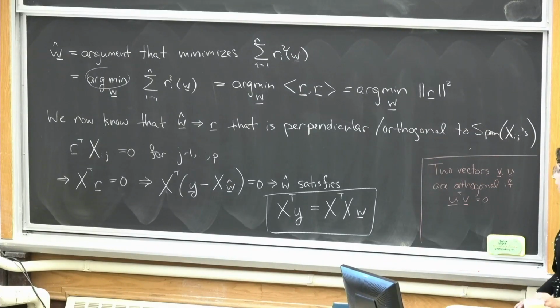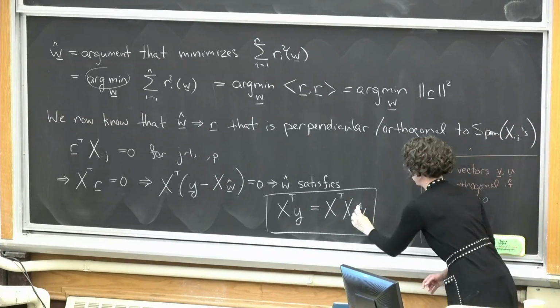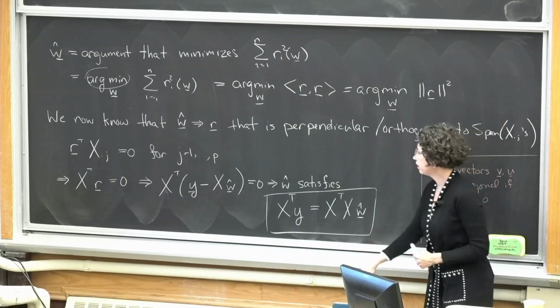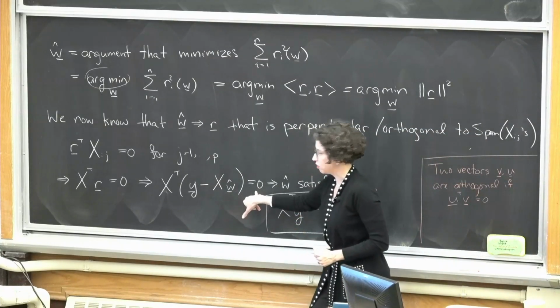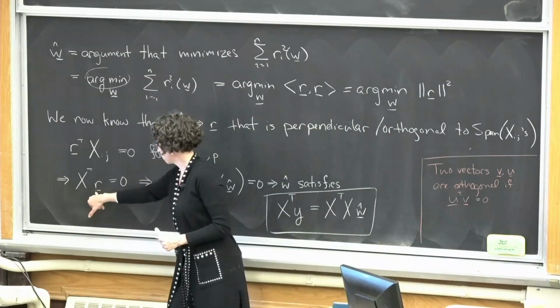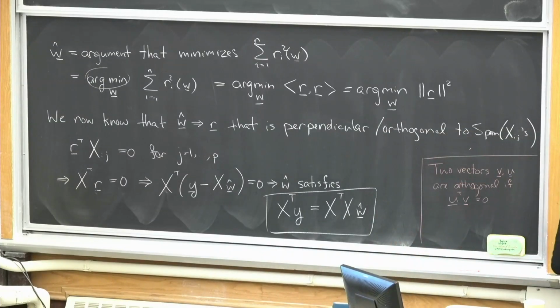So if we were to work backwards, if we have a w hat that satisfies this equation, then when we look at this equation, it will indeed equal 0. And that will imply that the corresponding residual vector is, in fact, orthogonal to this span of feature vectors.